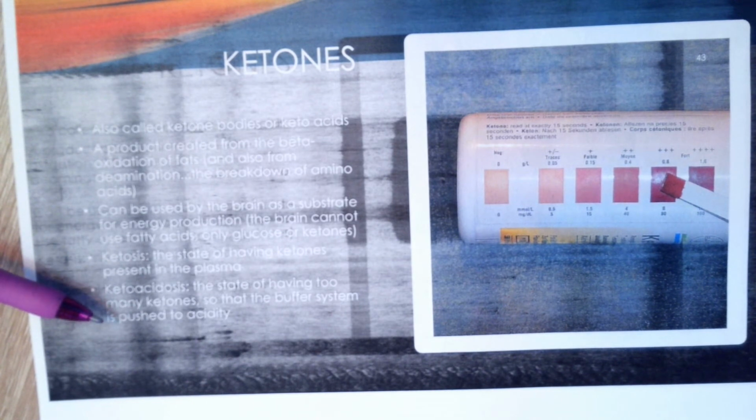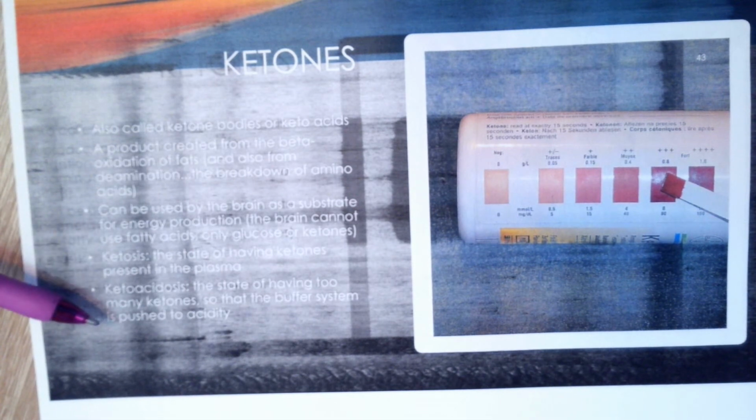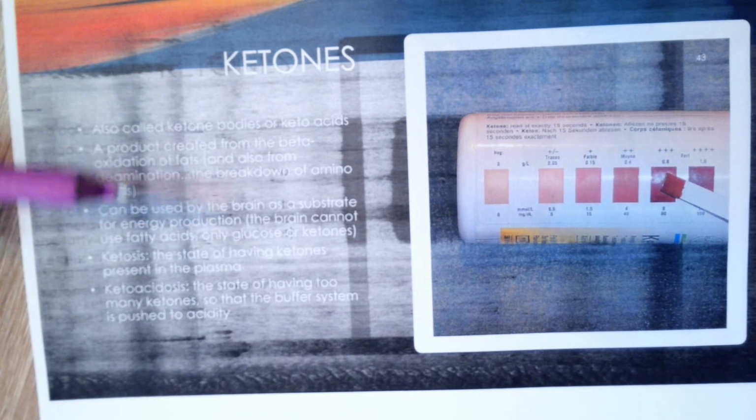It's essentially a condition where your buffer systems that keep your pH relatively neutral have been overwhelmed by too many keto acids floating around in your blood, and that can be a serious problem. So ketosis good, ketoacidosis not good. Everything, again, in moderation.